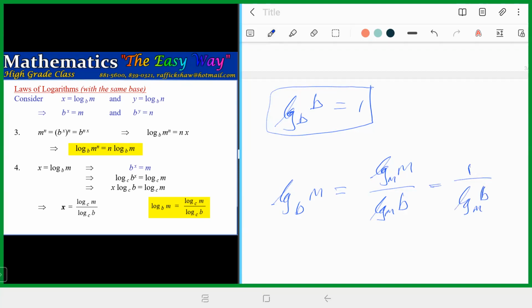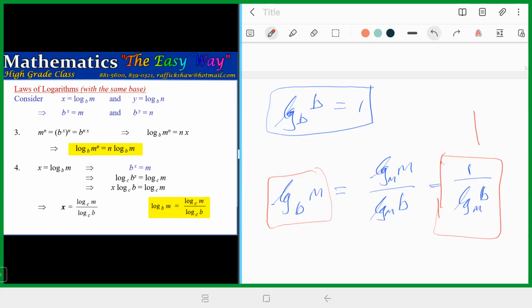So when you look at these two things carefully, when I switch around the number and the base, we take the reciprocal.